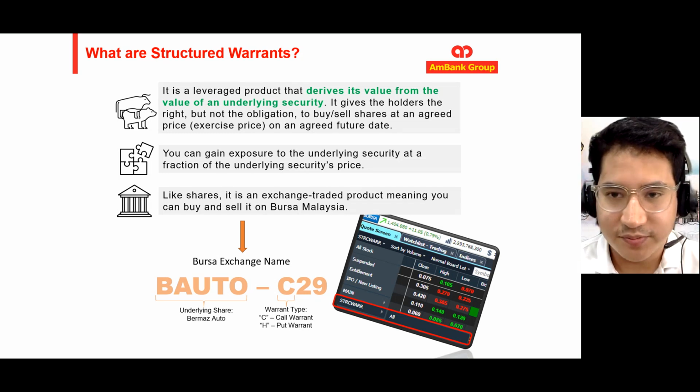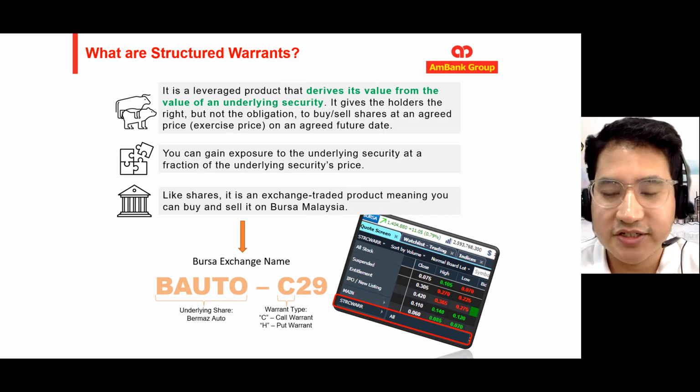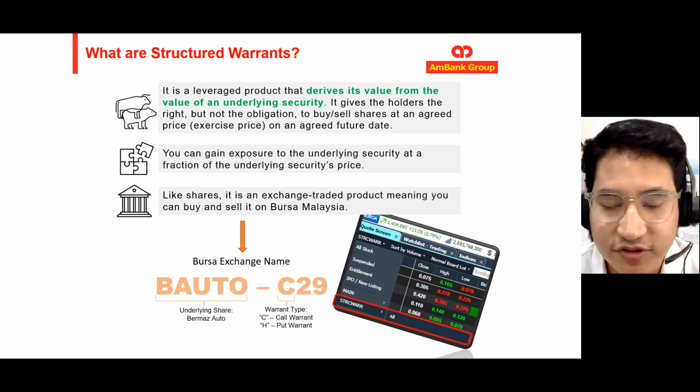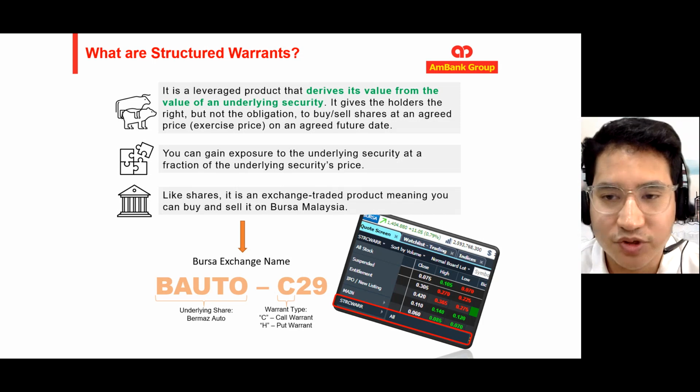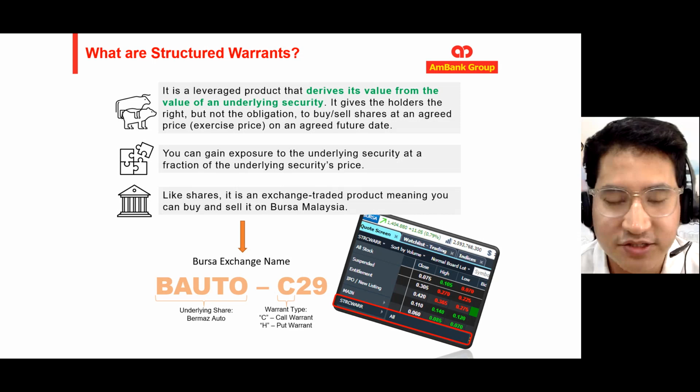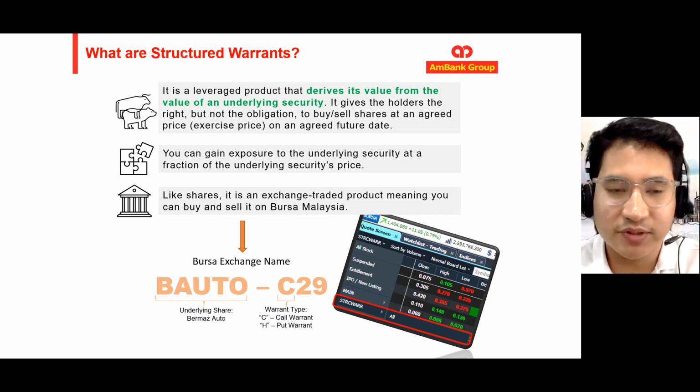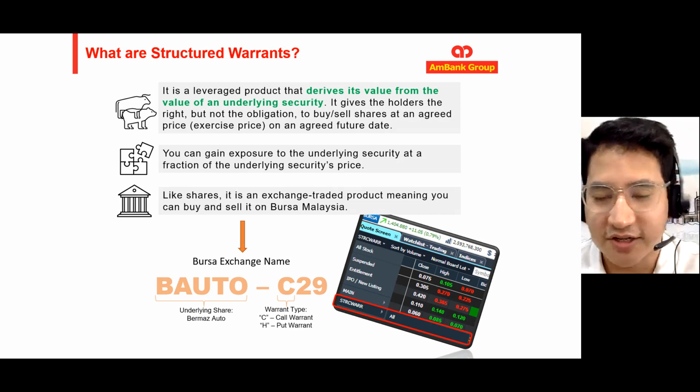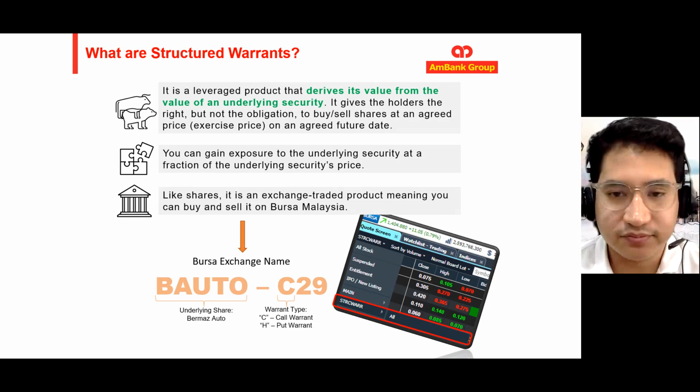So that's point one. The other point is that with structured warrants, you are able to gain exposure to the underlying security at a fraction of the underlying security's price. This may seem a bit blurry to you, but I'll get into an example later.